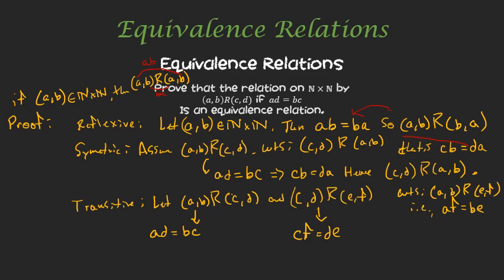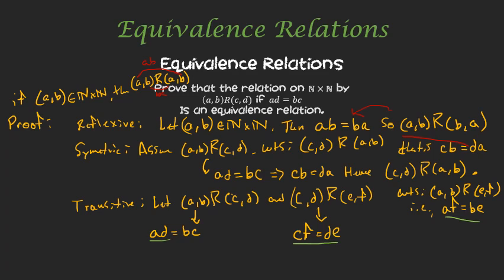Remember, we'd like to conclude that A times F is equal to B times E. So one thing I might do here, since I'd like to have AF equal to something, and over here I have A times D, what if I solve for D in this one, and then substitute that in for D in the first one? So I have these two equations that are true, and so let's try that.